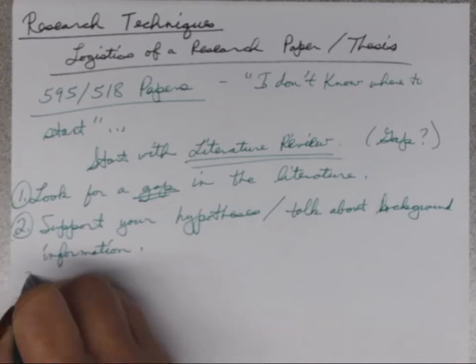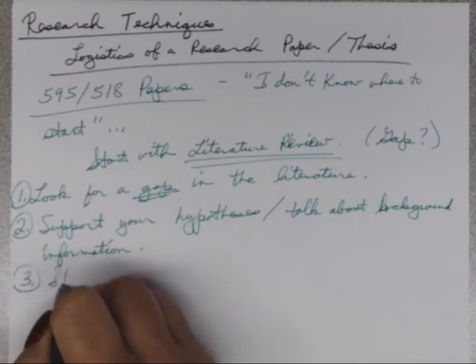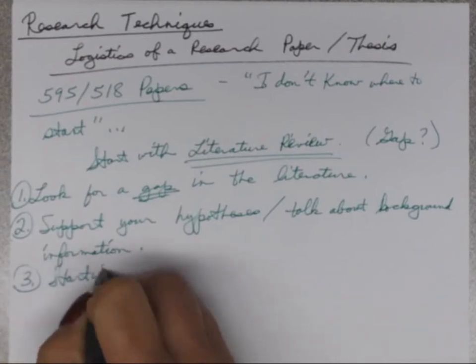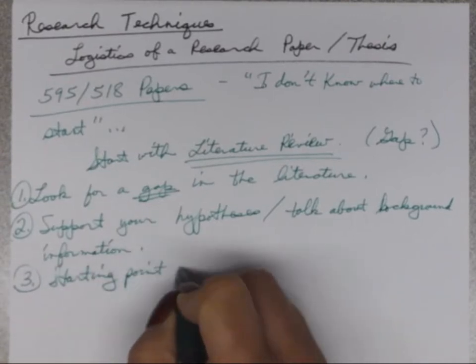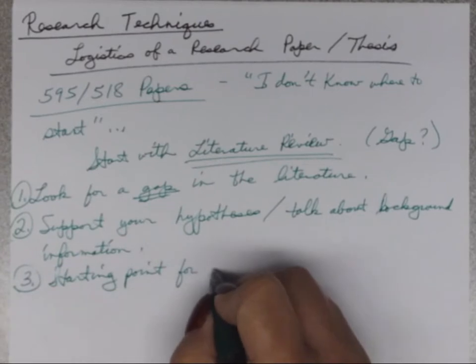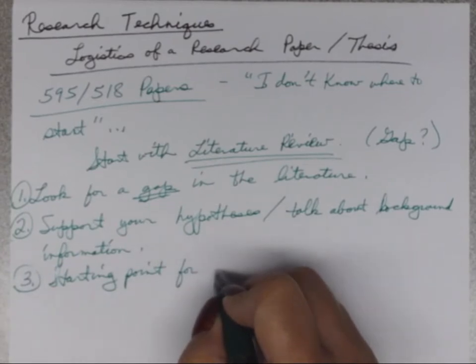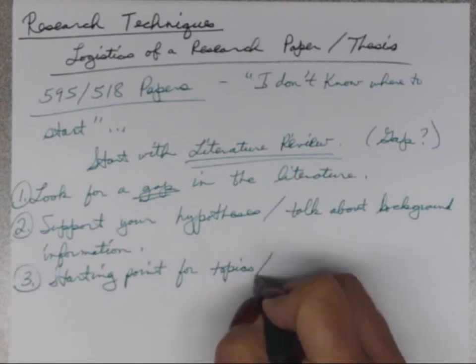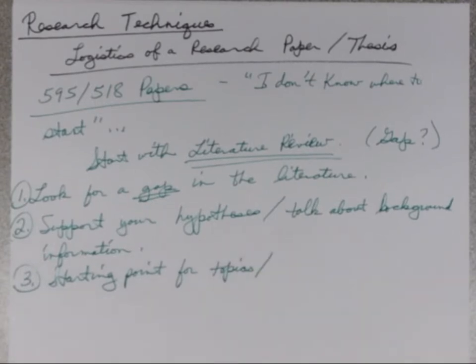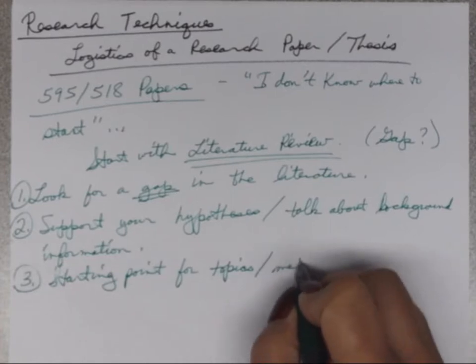And the third thing is sometimes it can give you a starting point, either for ideas for topics. Some of you may not still have a topic yet. Or starting points for methodologies.